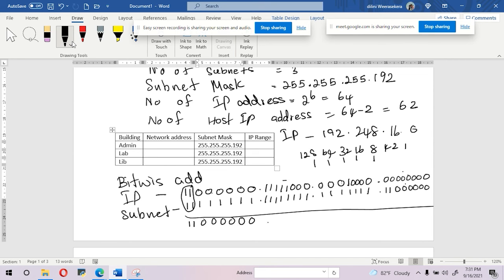Okay, 0 0 0 1 0 0 0 0. So when you turn this back, you are getting 192.248. This is 16 and 0.